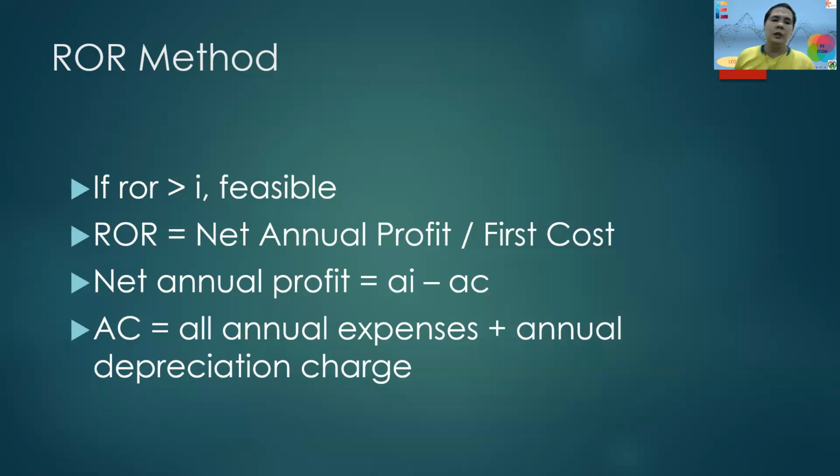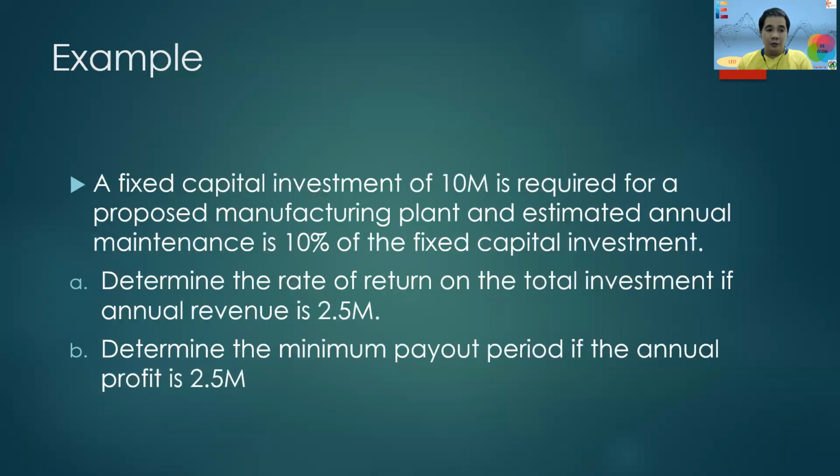In the ROR method, if your ROR is greater than i, then it is feasible. Your ROR, or the rate of return, is equal to the net annual profit divided by your first cost. The net annual profit is equal to AI minus AC. AC is all of the annual expenses plus the annual depreciation charges.